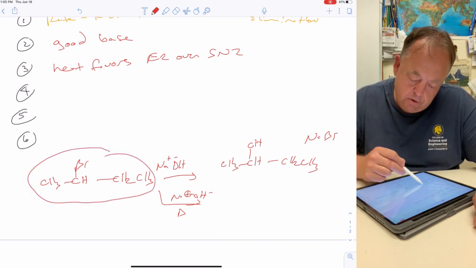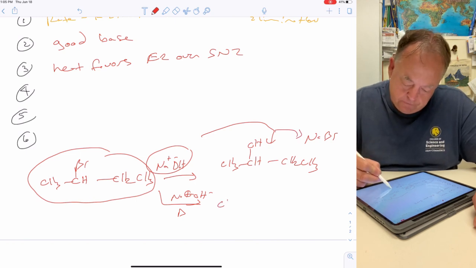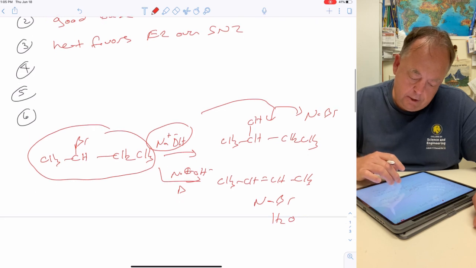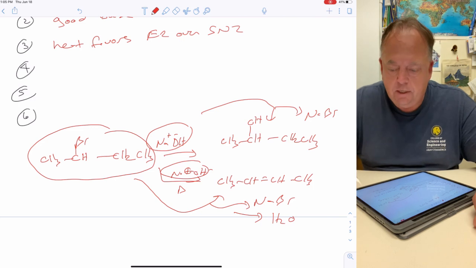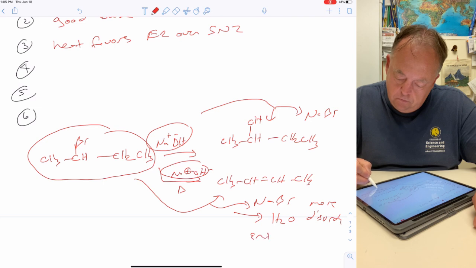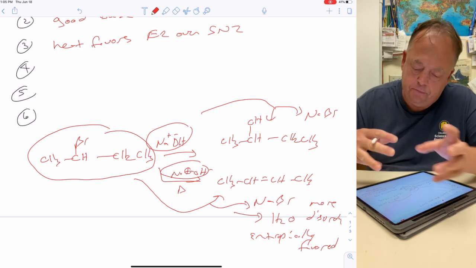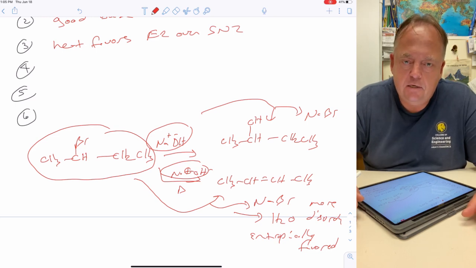And for the E2, two molecules become three molecules. So that's more disorder. Entropically that is favored. So again, as you heat the reaction up, entropy tends to dominate, and you tend to follow the E2 pathway instead of the SN2 pathway.